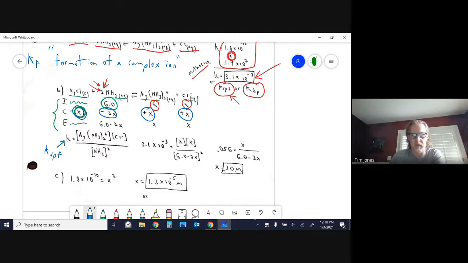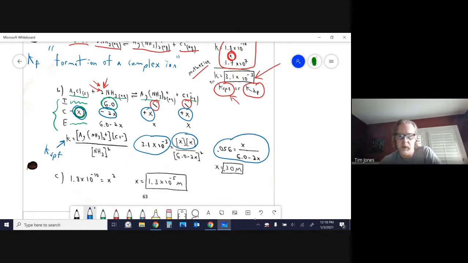Plug in the K that we solved for here in A. Plug in the values from the equilibrium row, so you get X times X here over 6.0 minus 2x squared. Fortunately, we have perfect squares, so take the square root of everybody. You end up with this.